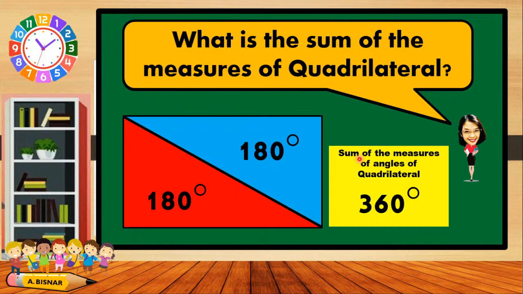Kahit gaano kalaki, kahit gaano kaliit. Same with quadrilaterals. Kahit ano pang itsura niya, as long as it is a quadrilateral, means as long as it has 4 sides and it has 4 angles, then the sum of the measures of all the angles of it will always be 360 degrees. Okay?